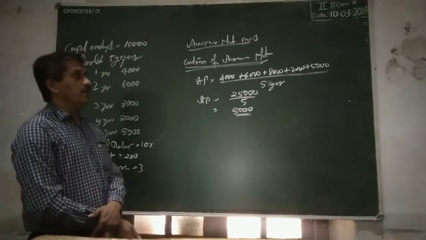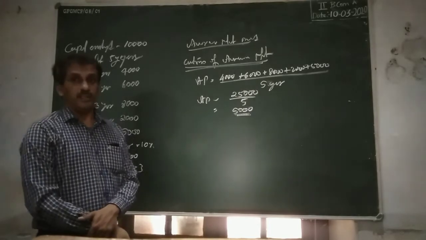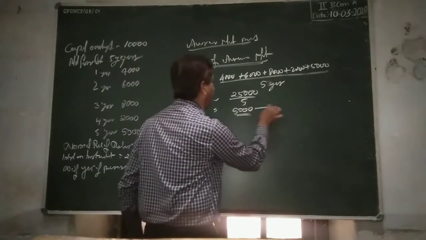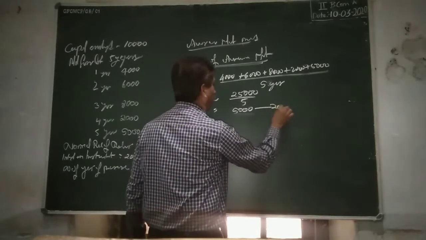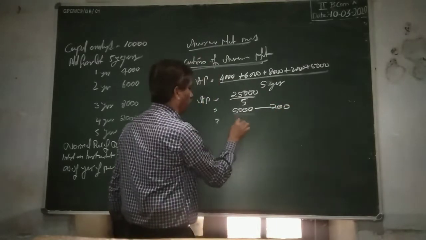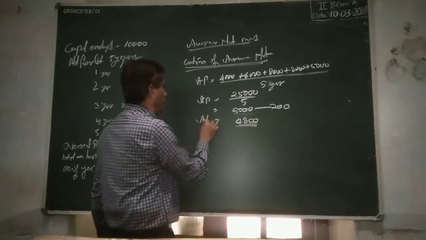Now, if there is interest on investment, that should be deducted from average profit. What is the interest on investment here? 200. So this should be 4,800 as average profit.